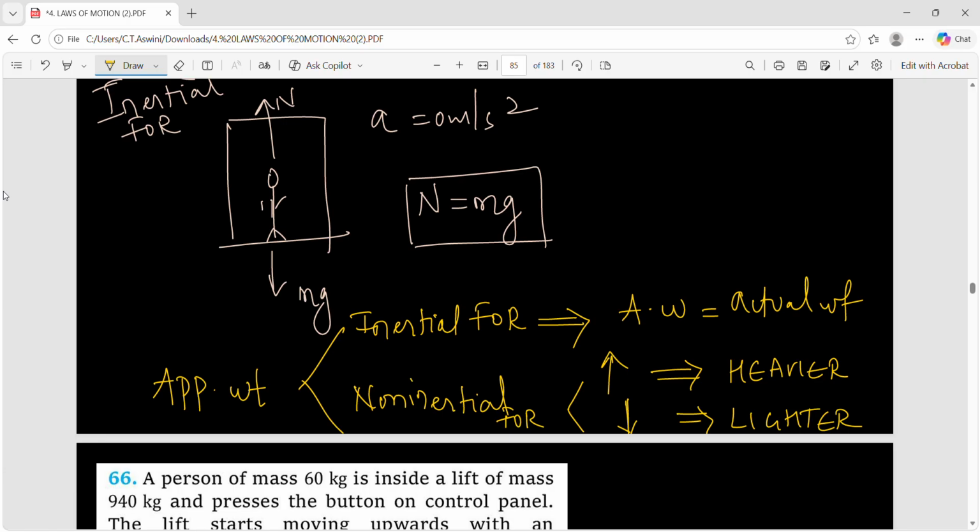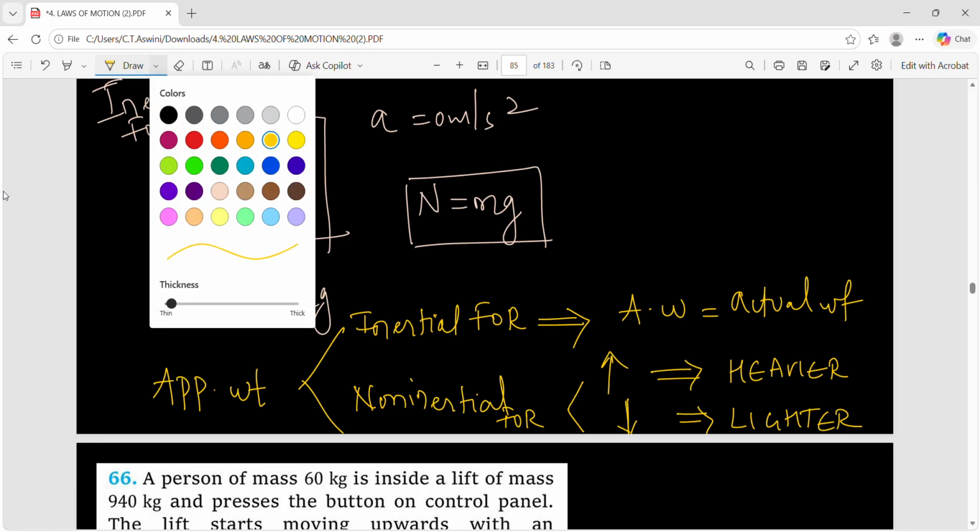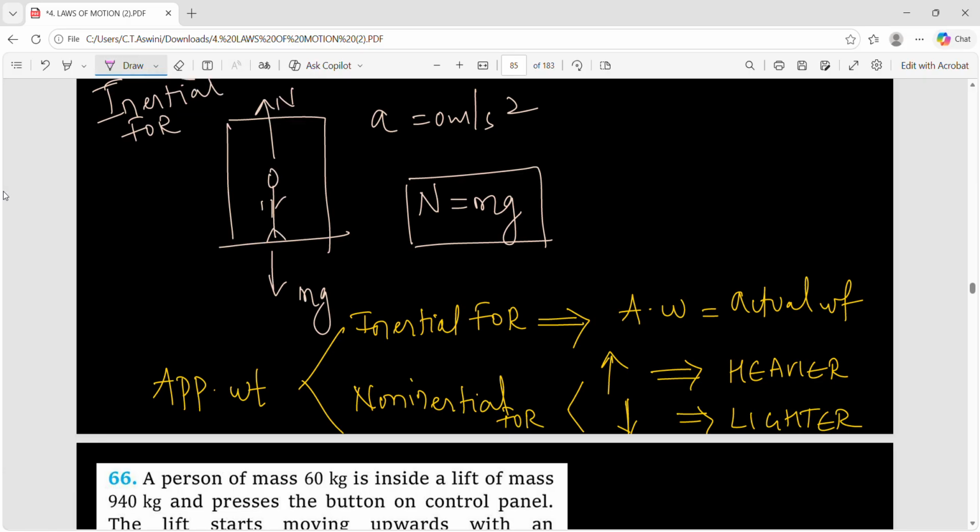Compared to lift, you will experience this very clearly when you are in a giant wheel. Giant wheel moving upward, you will feel heavier. When it is moving downward, you will feel lighter. Why is it so? It's because of this apparent weight concept. Imagine your actual weight is 50 g, mass is 50, and weight is nothing but m into g, so 50 g.